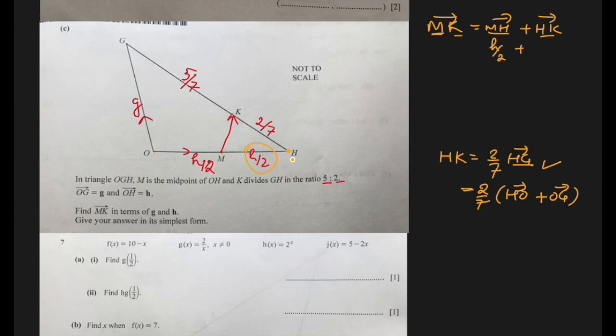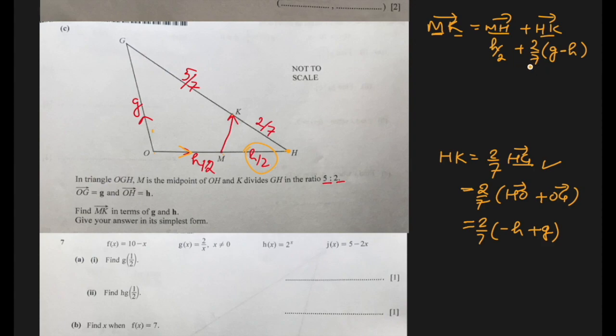HO is negative H, because H in this direction is positive H, in this direction it will be negative H. So 2/7 of negative H, but this is in the right direction, plus G. Let's change the places, G minus H is better to see.